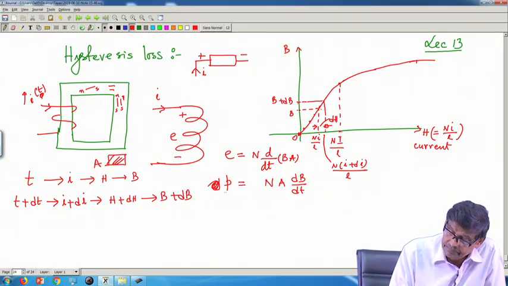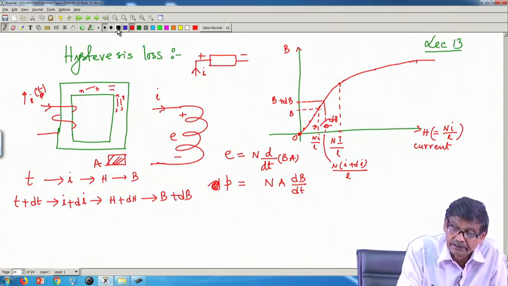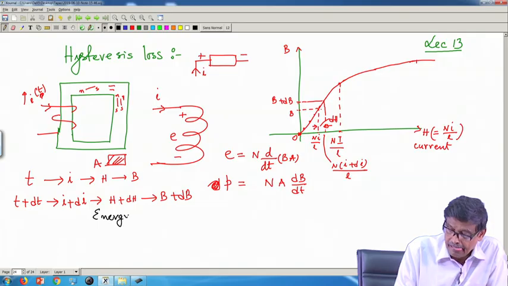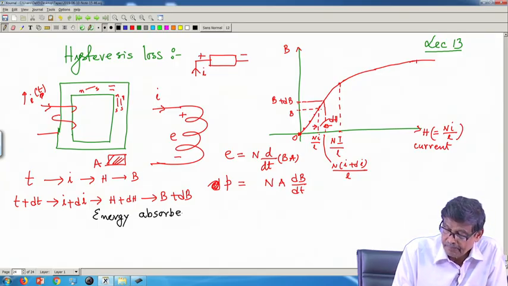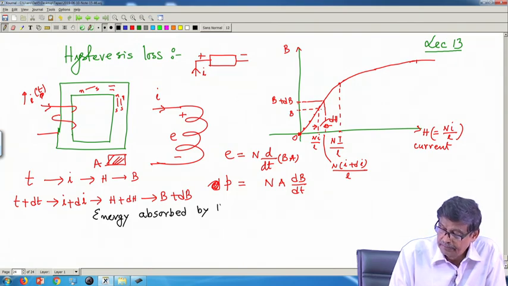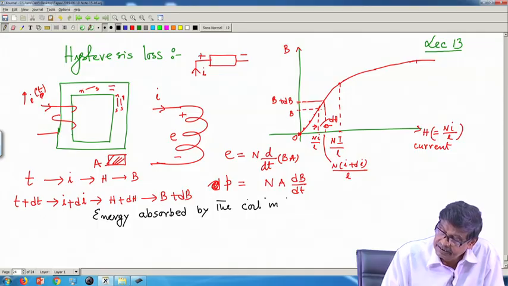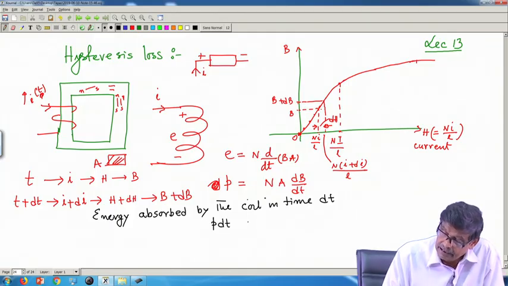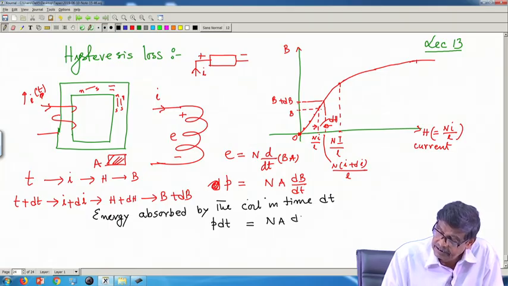Therefore, in time dt, energy supplied, I will write in black, energy absorbed by the coil in time dt will be simply P into dt, and that will be equal to N A dB dt into dt.